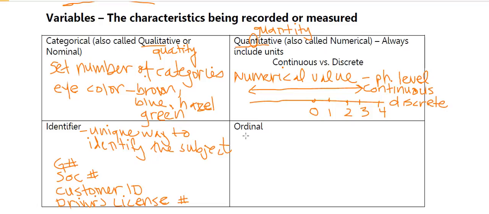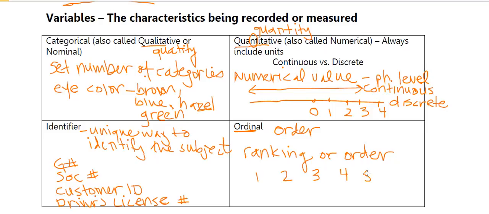Okay, the last one we're going to talk about is ordinal, and the word inside here is order. You have seen a lot of these in surveys. This variable has a ranking. It's a ranking or order to the variable. So something like, could be a number, 1, 2, 3, 4, 5.